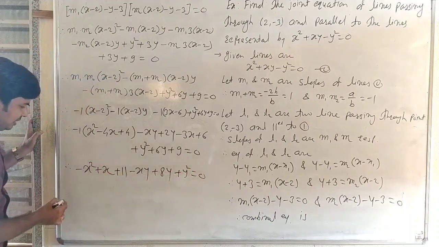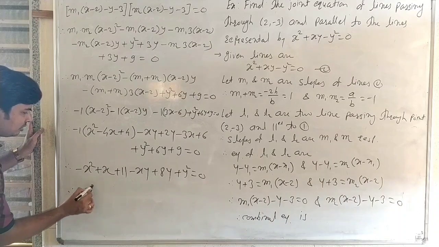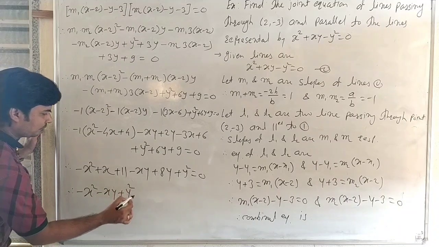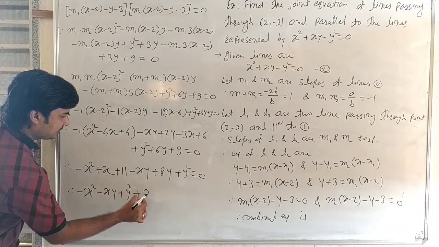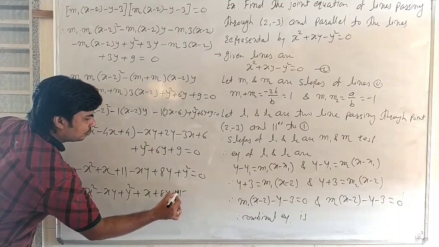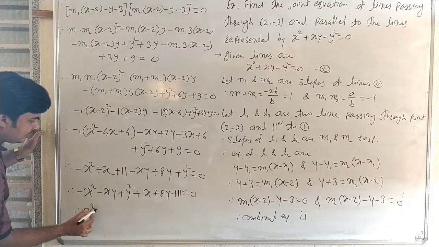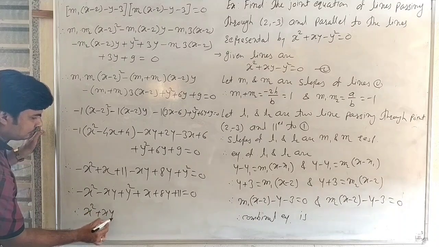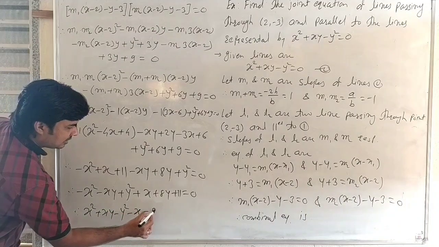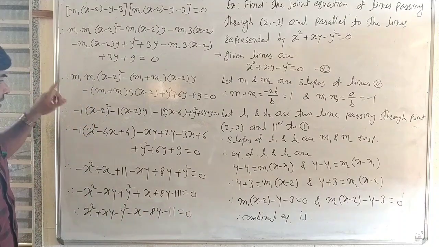This equation can be written as this general second degree equation: minus x square minus xy plus y square plus x plus 8y plus 11 is equal to 0. And now multiply by minus: x square plus xy minus y square minus x minus 8y minus 11 equal to 0. It is the required combined equation.